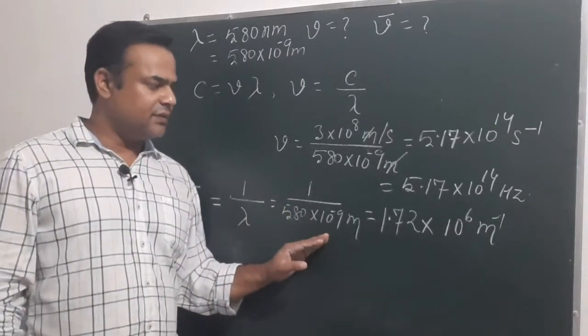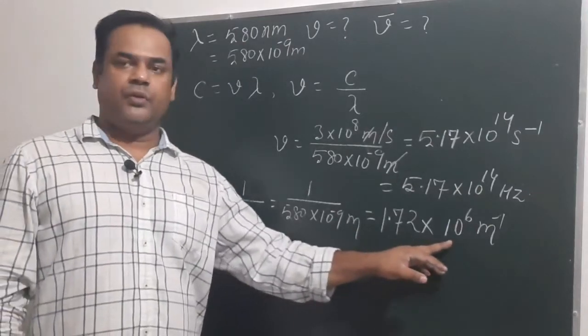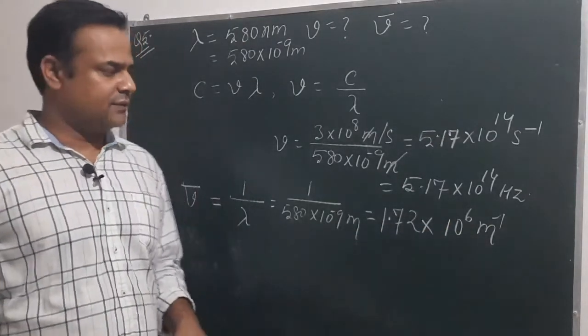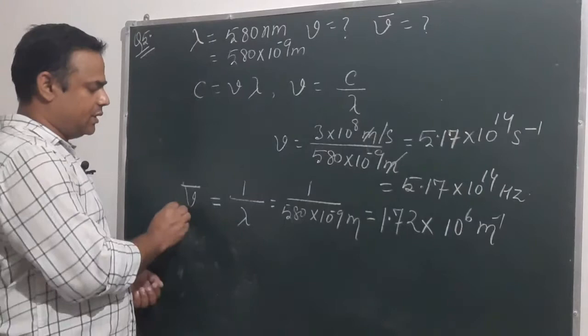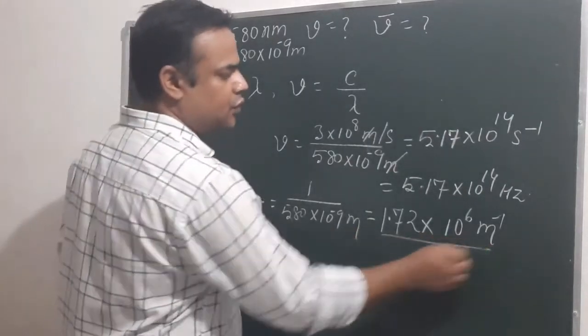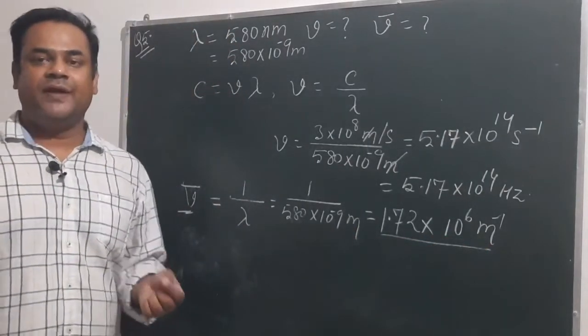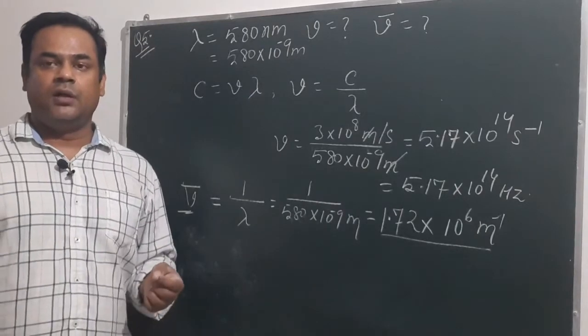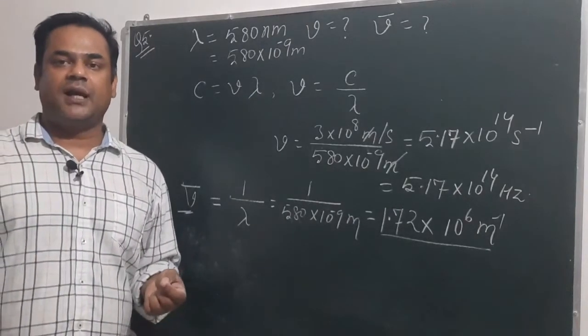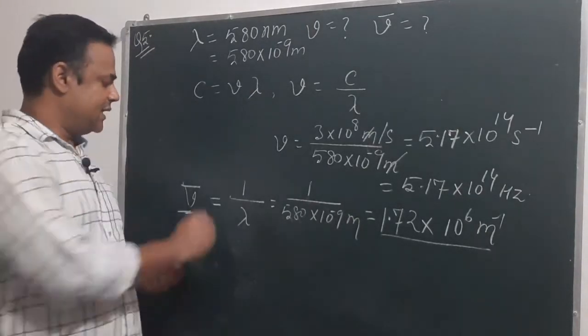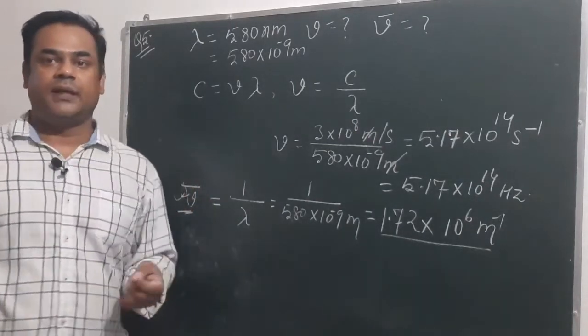On solving this, we'll get 1.72 into 10 to the power 6 meter inverse. So this is the wave number. So we can see that if we know the wavelength of any wave, with this information we can calculate frequency as well as wave number of that wave.